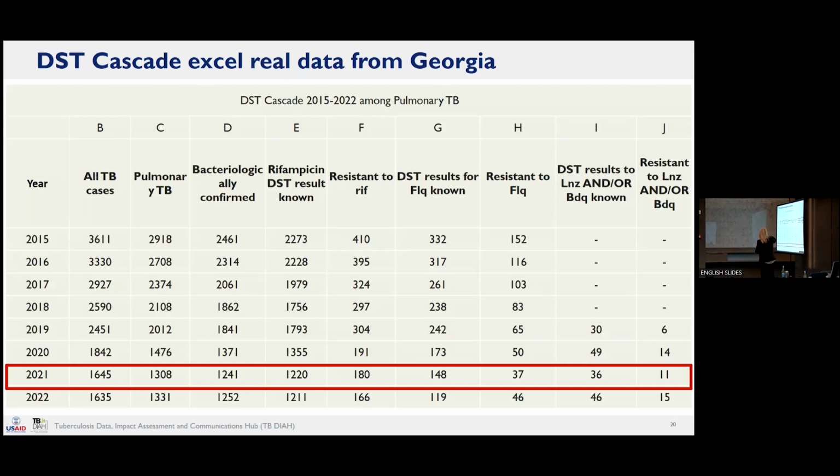And what do we have? We have all TB cases. Among them, how many were pulmonary TB, bacteriologically confirmed. Of them, how many had a known rifampicin DST result. And out of them, how many were resistant to rifampicin?